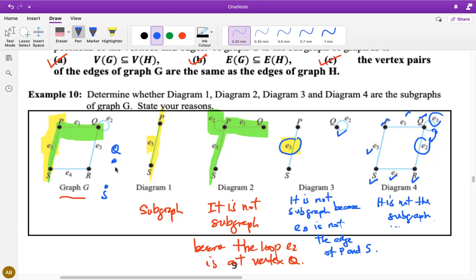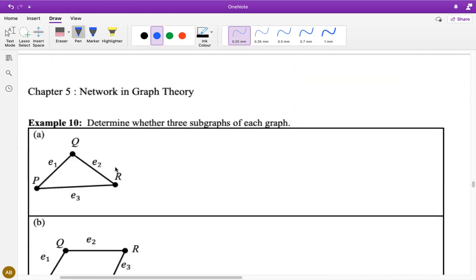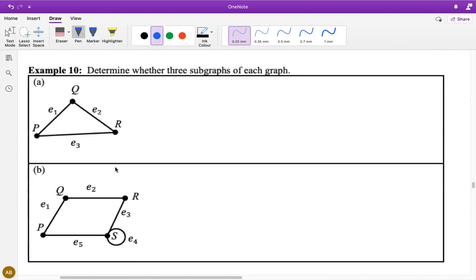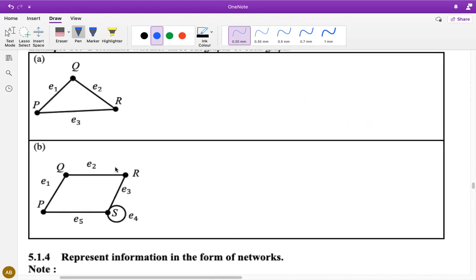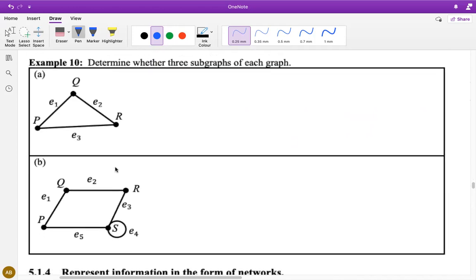Now we go to example 10. This one you can try to do on your own. Determine whether the three subgraphs, sorry, this is not determine. You change this one to draw three subgraphs of each graph.